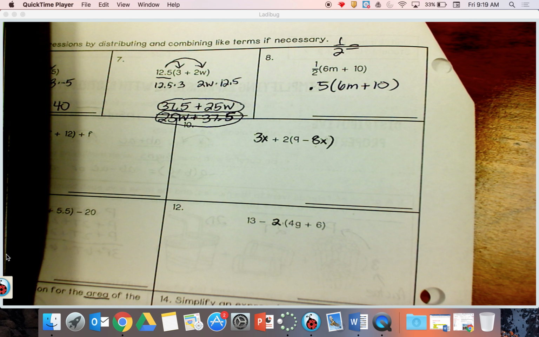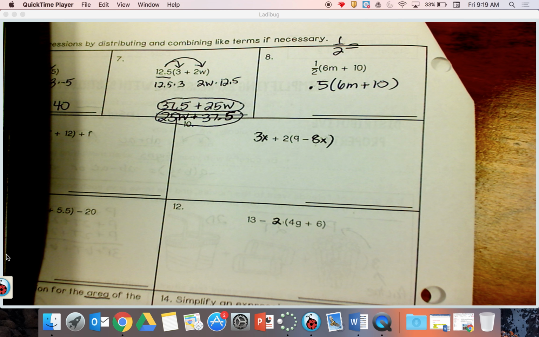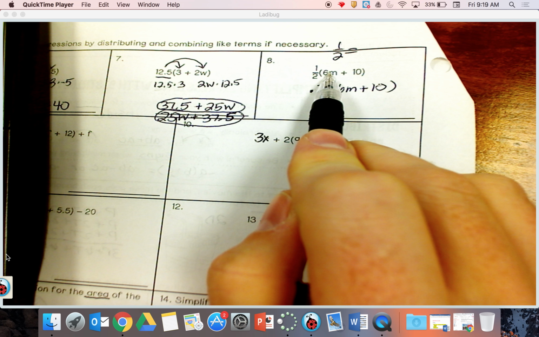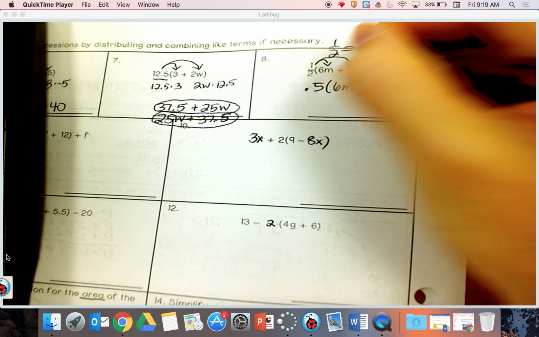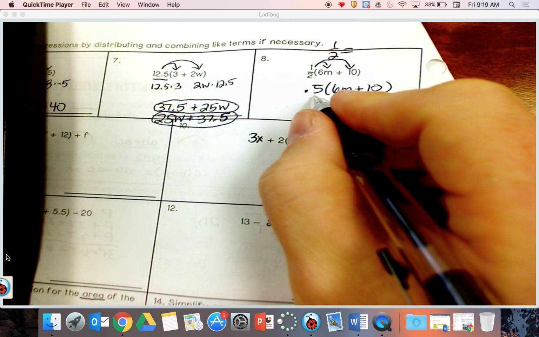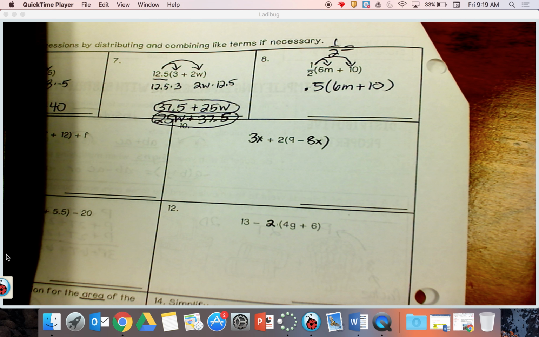And when you multiply, it's the same way. I'm going to show you both ways. So there's both ways just written out. If I want to do this, I'm going to take 1/2 times 6m and 1/2 times 10. Or I can do the decimal version, it's the other way around. 0.5 times 6m and then 10 times 0.5.